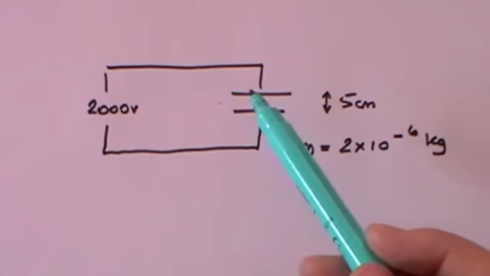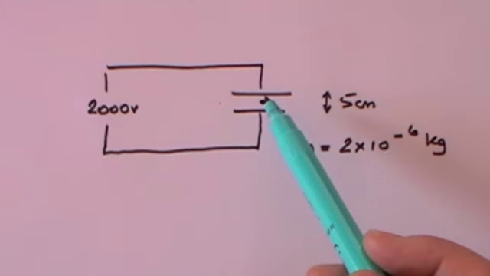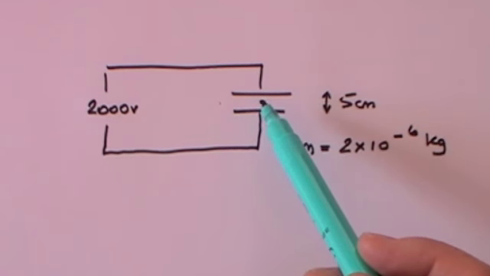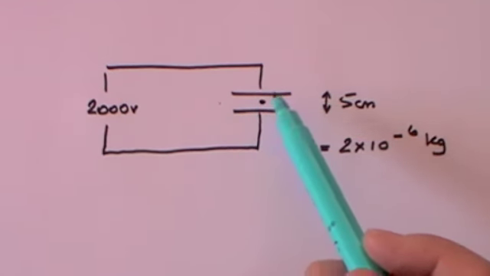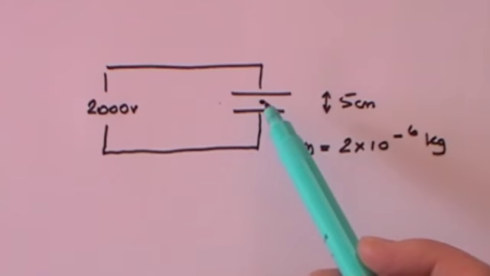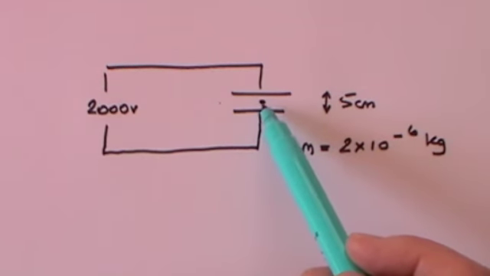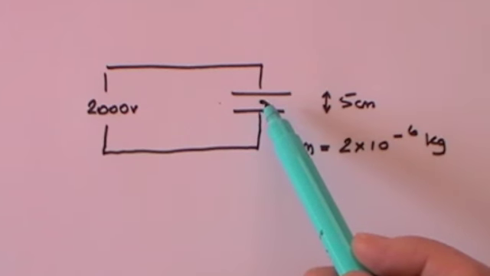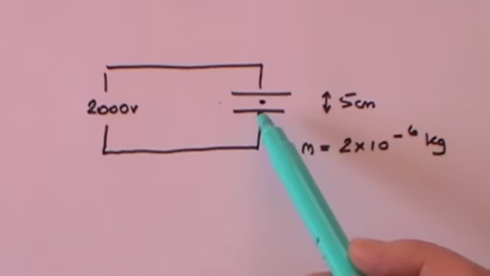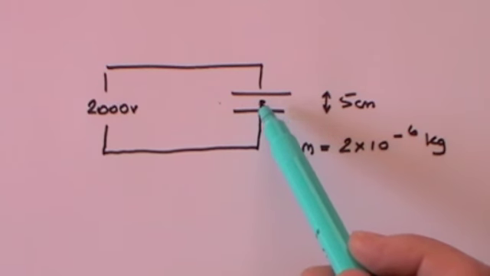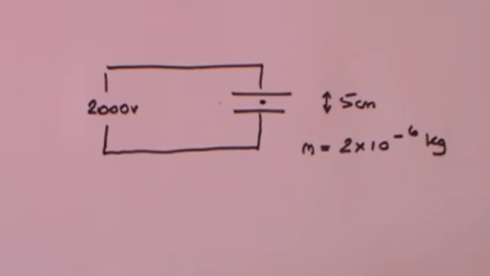Well, the reason the oil drop is suspended and not falling is because there must obviously be an electric field operating between the plates. What we do know is that the gravitational force, which is tending to pull the oil drop down, must be exactly balanced by the electric force acting on that oil drop, which is acting upwards, and the two are equal, and that's why the oil drop is suspended.